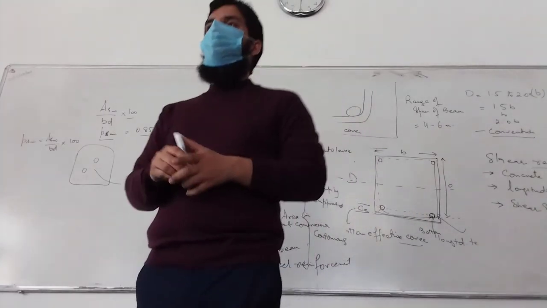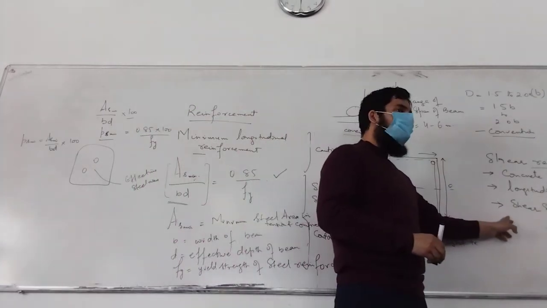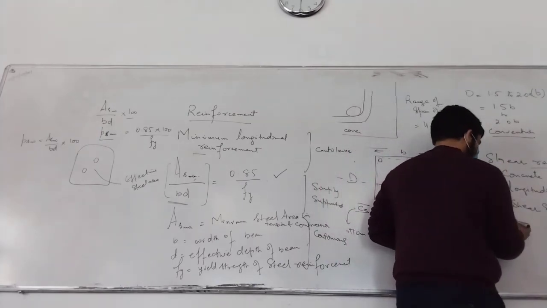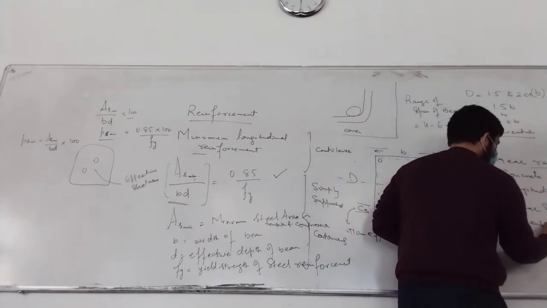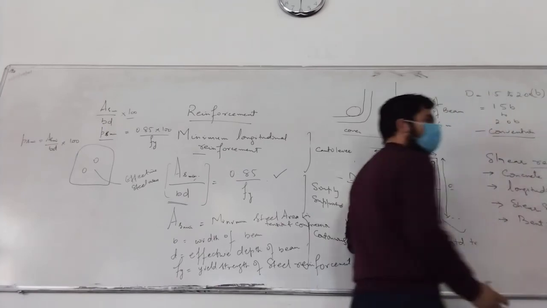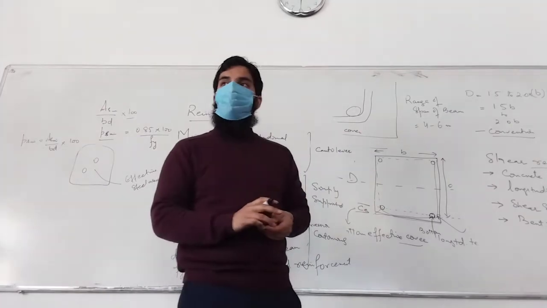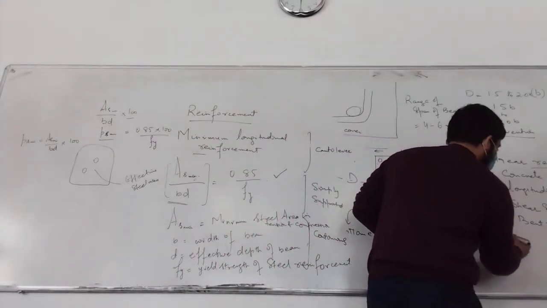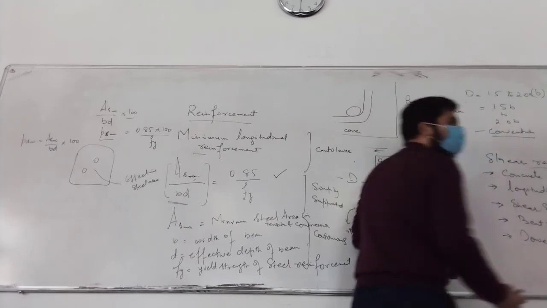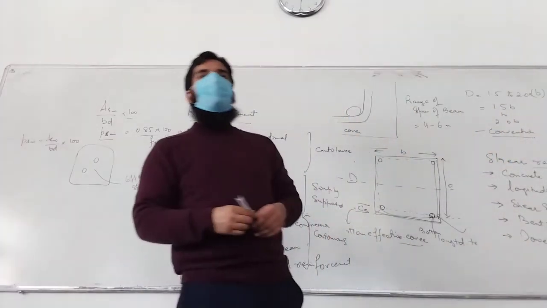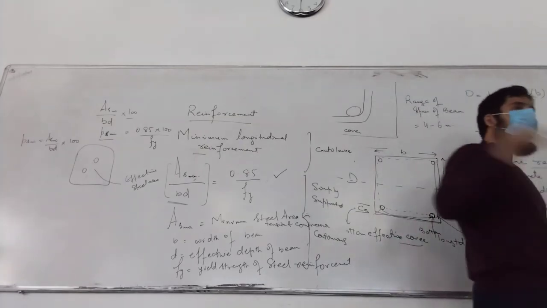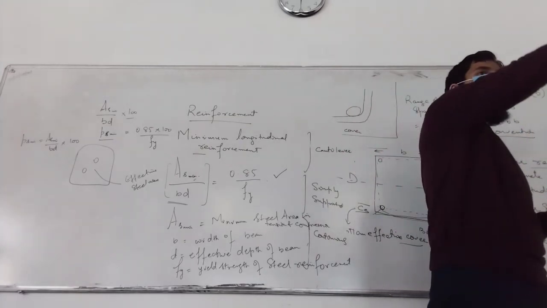But the major component is taken by stirrups. In case of slab, I'll say this here too, by bent up bars, and in some cases you also have double bars which provide the shear. You must have seen in slabs that at the end we bend the bars like this, take them like this, then bend at the end.